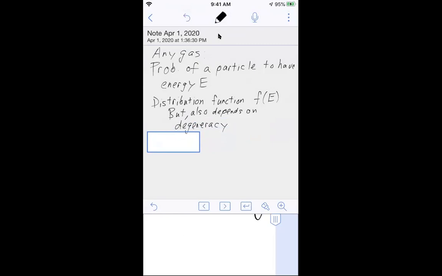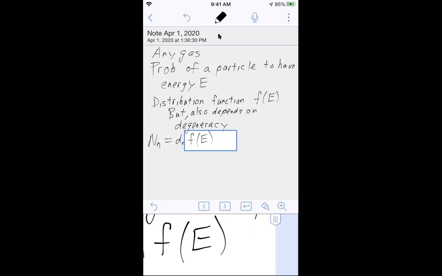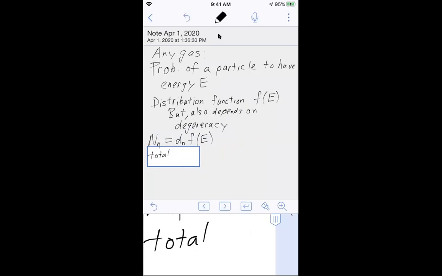So if I'm going to count the number of molecules that are at energy level E sub n, it's going to be equal to the degeneracy D sub n times the distribution function f of E. And then our total number of molecules, N, is going to be equal to the sum over all the possible energy levels.